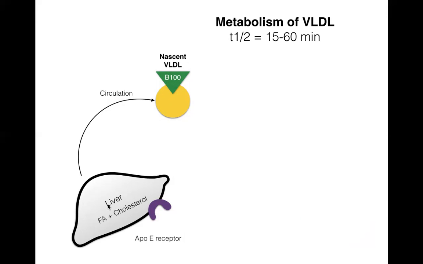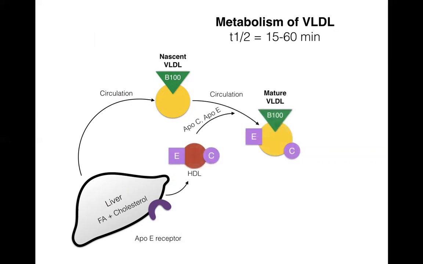And those lipids eventually are exported out in the form of VLDL, initially a nascent VLDL, directly into the circulation. In circulation, the nascent VLDL will acquire ApoE and ApoC, becoming now the mature VLDL.